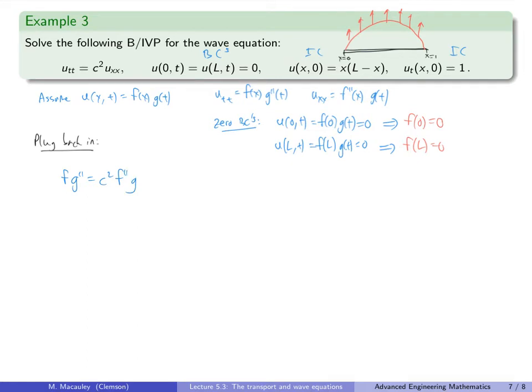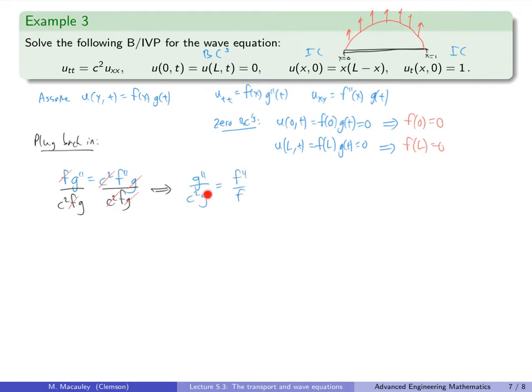So let's do what we always do. Divide both sides by c squared f g. What cancels? The f's cancel as before, and then on the other side, the g's cancel and the c squareds cancel. So now we get that g double prime over c squared g equals f double prime over f.